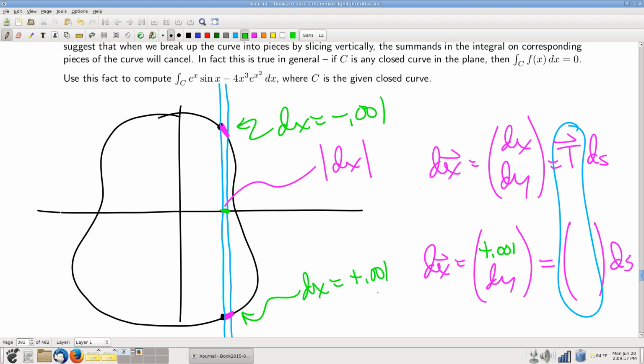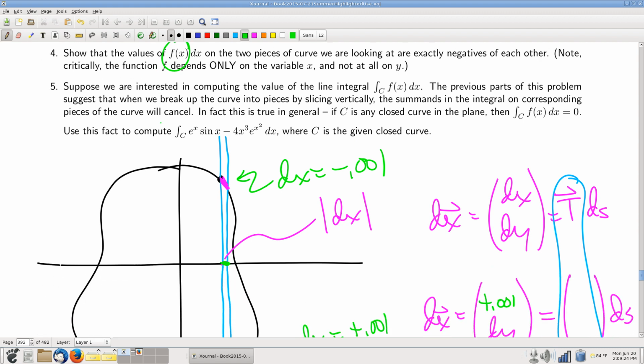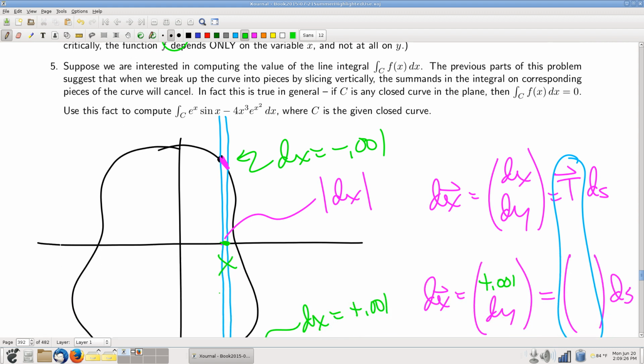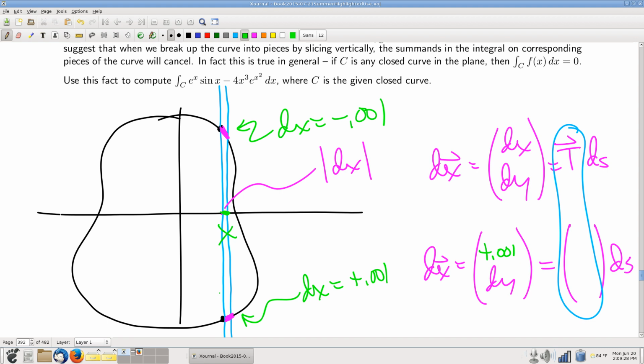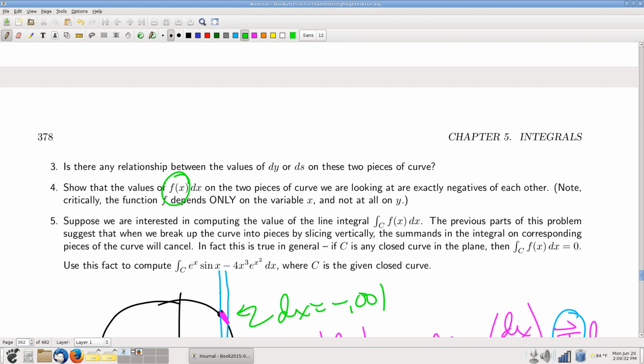So the dx's are clearly negatives of each other. F of x depends only on x, and these two points have the exact same value of x. So if x is the same, then f of x is the same. The only thing that's different between the two expressions at the two different points is that the dx's are negatives.